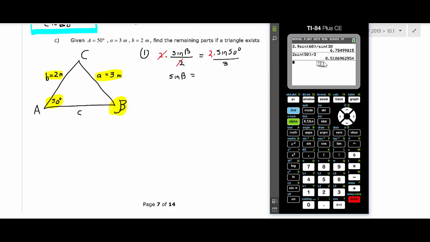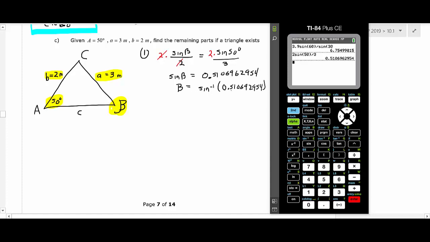Now what's going to happen on this one is I think we're going to get more than one solution. Let me explain that. I'm going to write down 0.5106962954. Then I'm going to do the inverse sine of that quantity on my calculator.